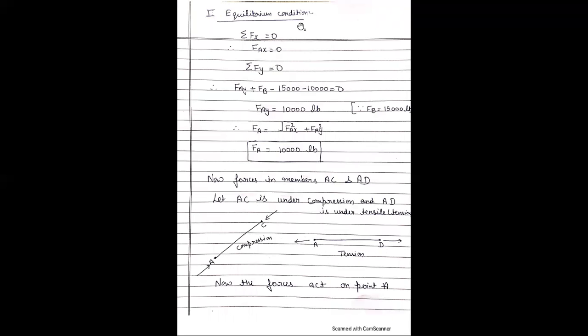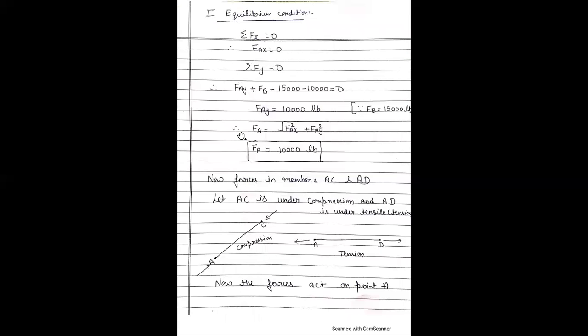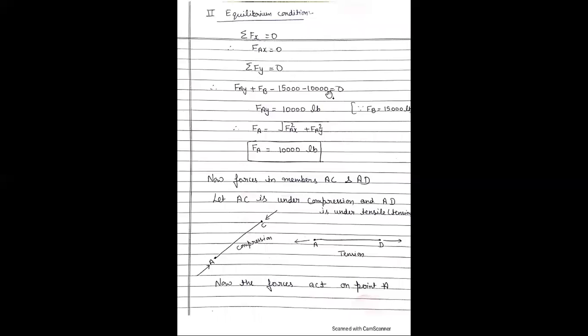Now the second equilibrium condition is that the sum of the horizontal forces Fx is equal to 0. Here there is only one force Fax, which is equal to 0, and the summation of Fy is equal to 0. Here Fay and Fb are positive, and these are negative: minus 15,000 minus 10,000 is equal to 0.